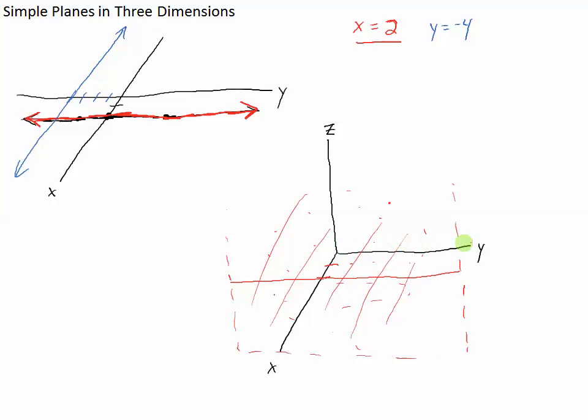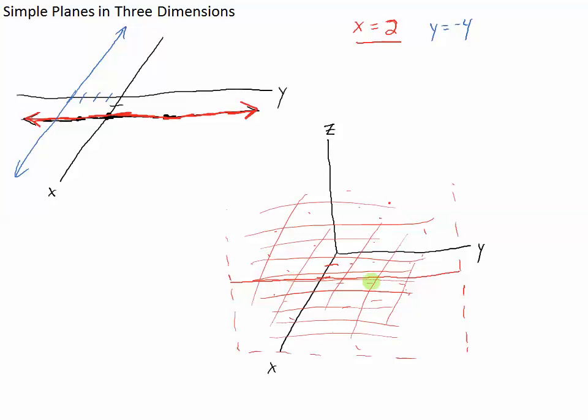This wall never touches the y-axis, for example. It never touches the z-axis. It's this pane of glass sitting here at 2, this red pane of glass. Okay? And so this now, instead of being simply a line, expanded, you could imagine it's a bunch of lines stacked on top of one another. Right? Everywhere above and below where X equals 2.